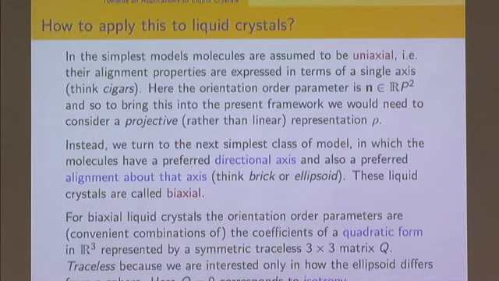If we assume that the molecules are biaxial, yeah, this is what we assume, and the order parameters are quadratic forms in R3, which are represented by 3 by 3 matrices, and I mean, we have seen this before, and of course Q equals 0 corresponds to the isotropic state.